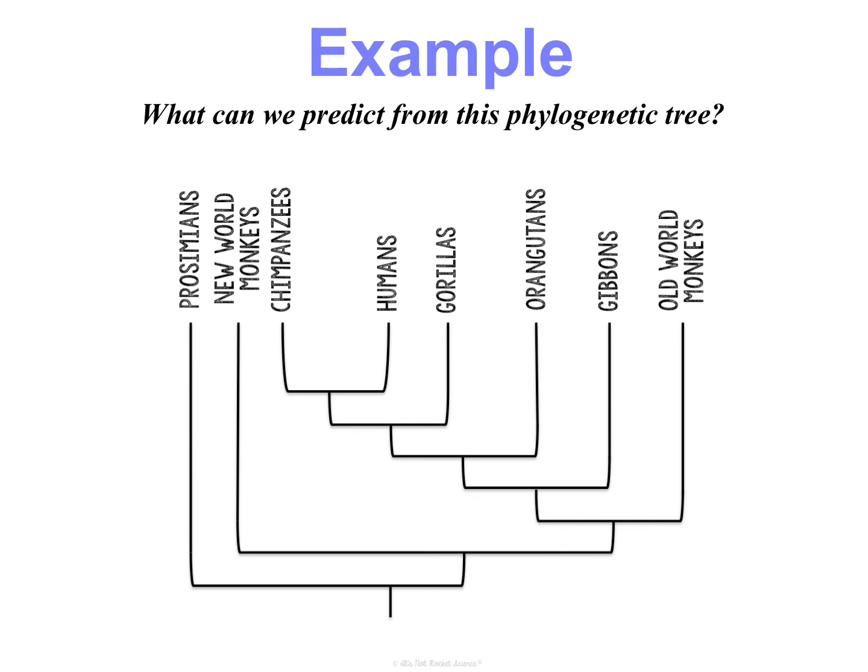From this phylogenetic tree, we can see that there was a common ancestor down here, and two species occurred. This common ancestor went through speciation, where one group, the New World monkeys, had formed, and then another group of organisms was formed, the Old World monkeys.